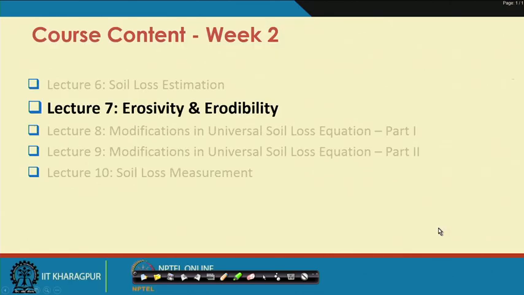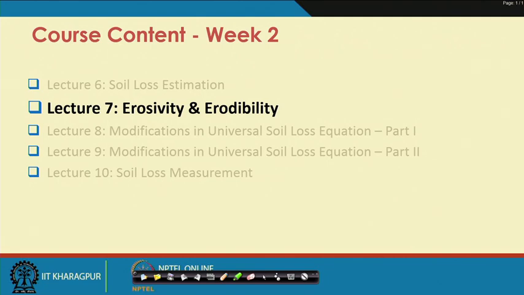Just to give you a background of what we are covering this week, in the previous lecture we saw how to estimate soil loss, and during that process we went through the universal soil loss equation, where we saw that rainfall erosivity index and soil erodibility index are two important factors.